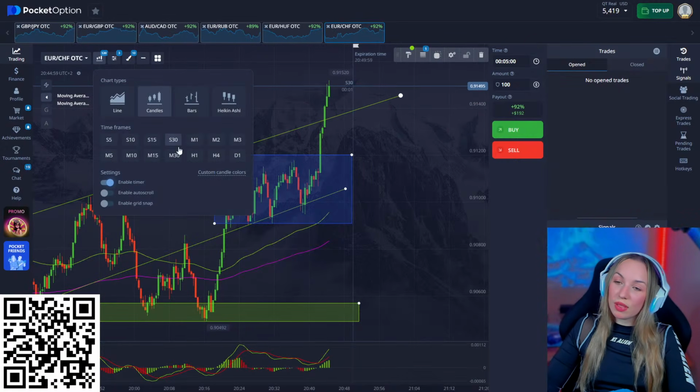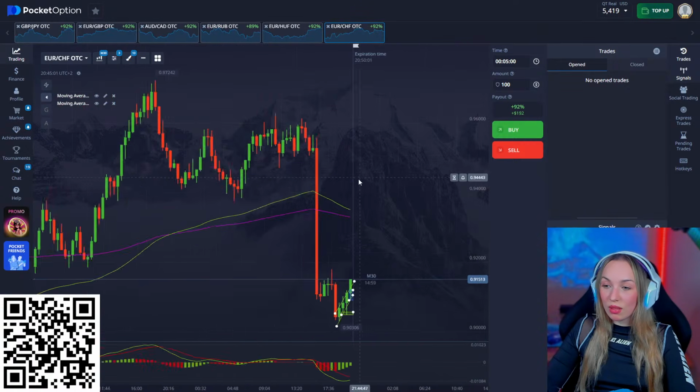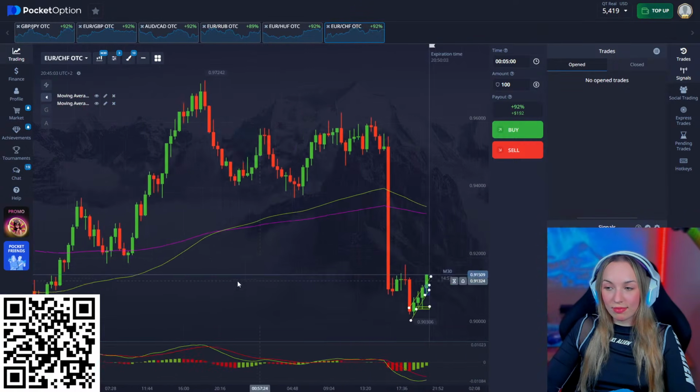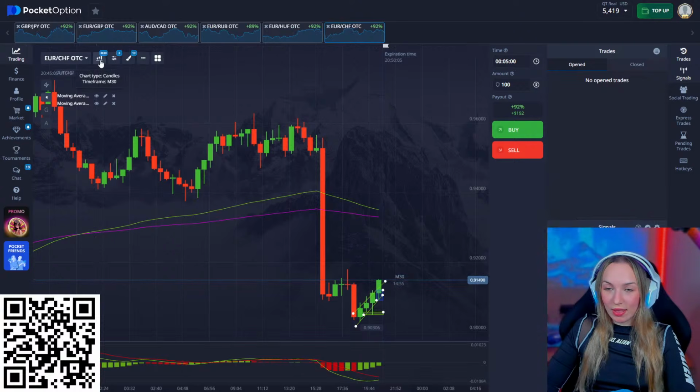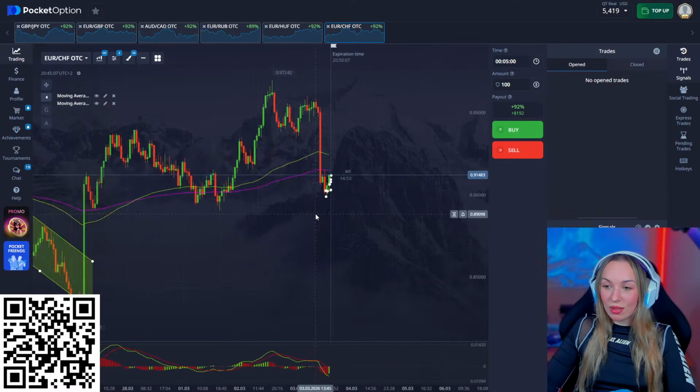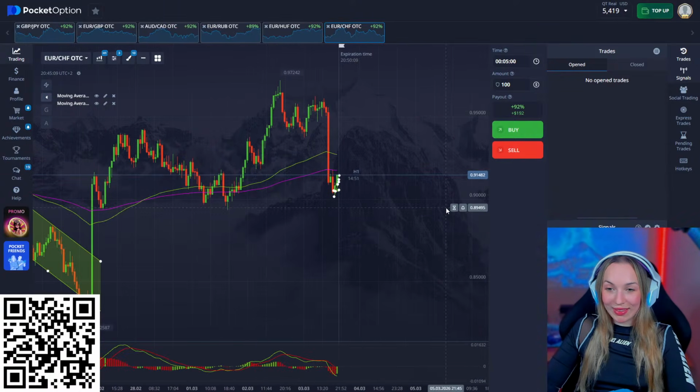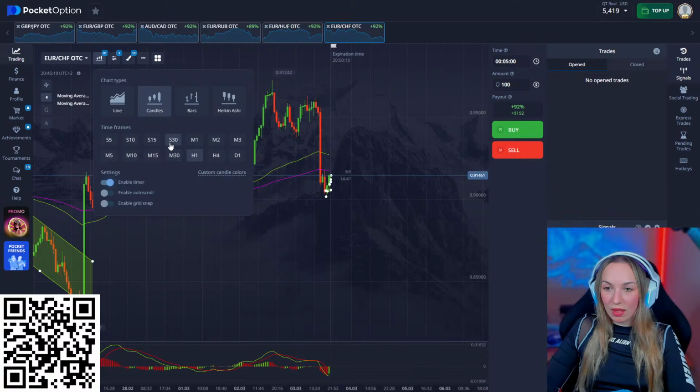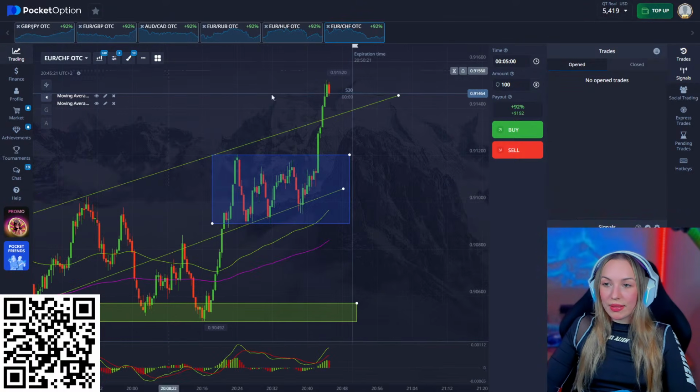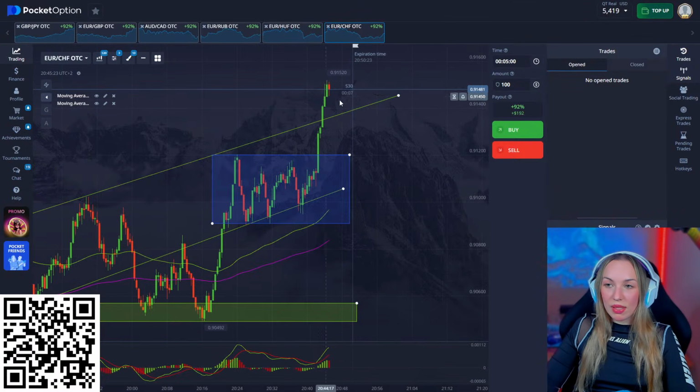And Euro CHF, as I told you, is breaking right now the resistance. Okay. Maybe here we can close this chart. Well, I would say it's lateral here, but it can also start going down. Maybe it's a false break.